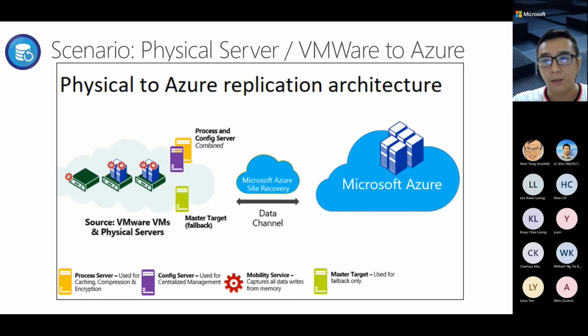And the resources you need are minimum 8-core CPU and 16 GB RAM in order to install this process and configuration server. And this part, master target, is required when the time you do the failback.